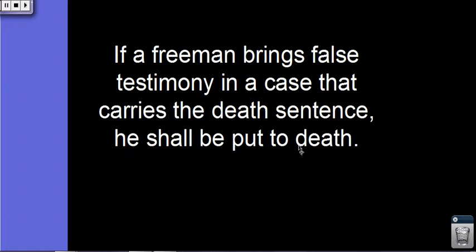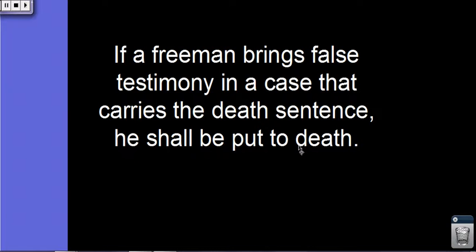In this case, he's trying to protect the man that was accused of doing something wrong because someone else told a lie about him. So basically, he's trying to protect the innocent, and he's trying to get down to the truth of the matter, whether a crime's been committed or not.